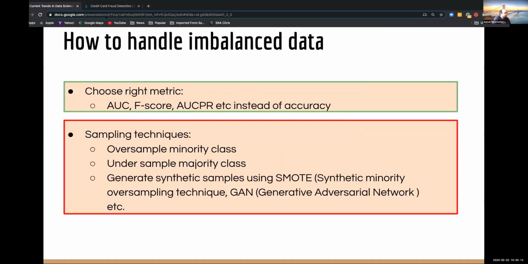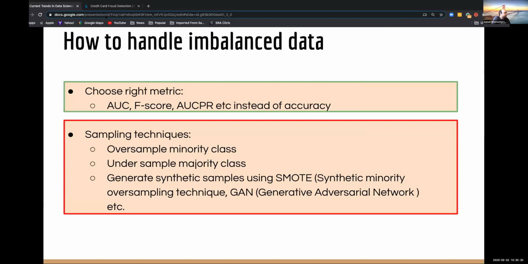Now the question is how to handle this imbalanced data, which is at the heart of any anomaly detection problem. There are two ways to think about it. One is we have to choose the right metric, and I will get into the details of the type of metrics we choose to determine the accuracy of the model.